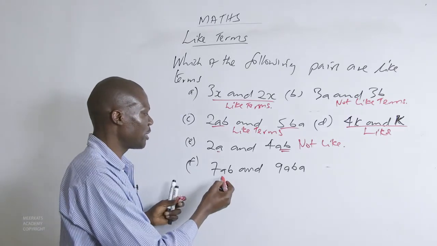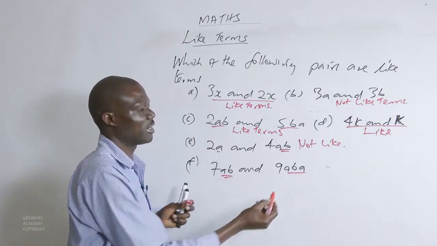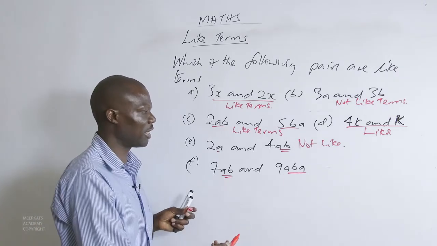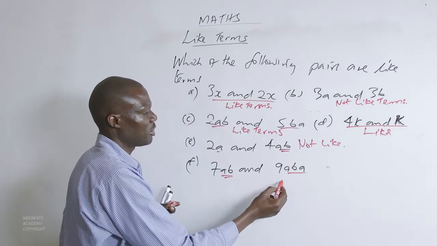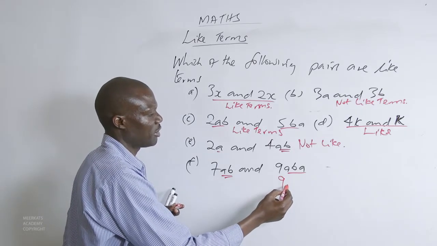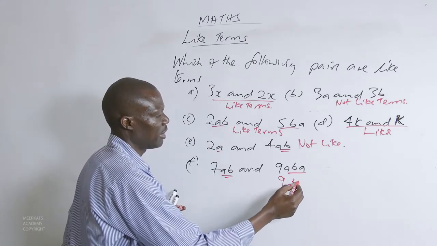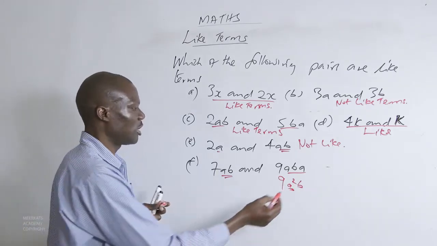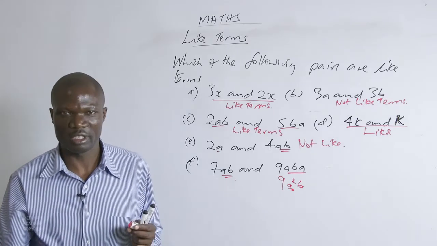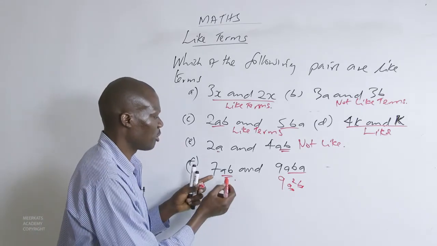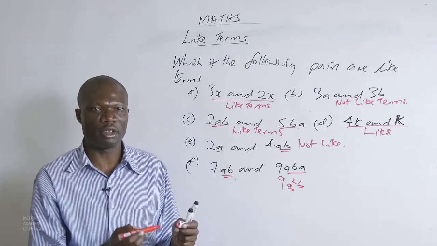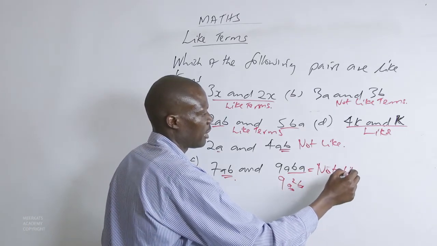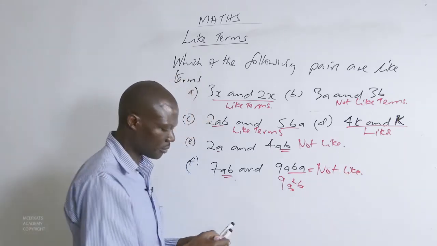Here it is 7ab and this one is 9aba. If you look at this again, you realize that this is almost the same as to say it is 9a squared b, because a is appearing twice. So this one and this one do not form the same, because a and a squared are not the same terms. So we can conclude here and say not like terms.